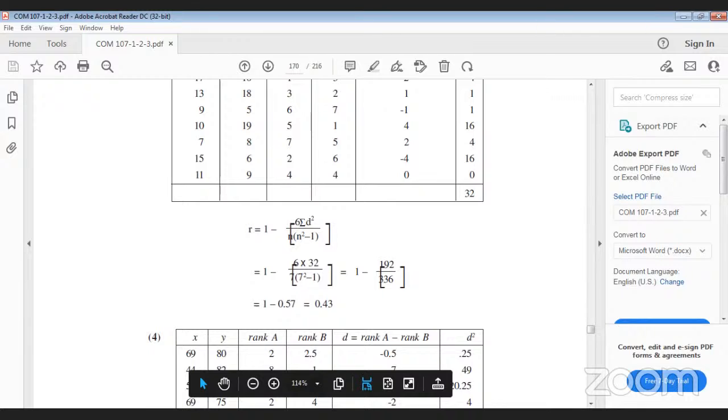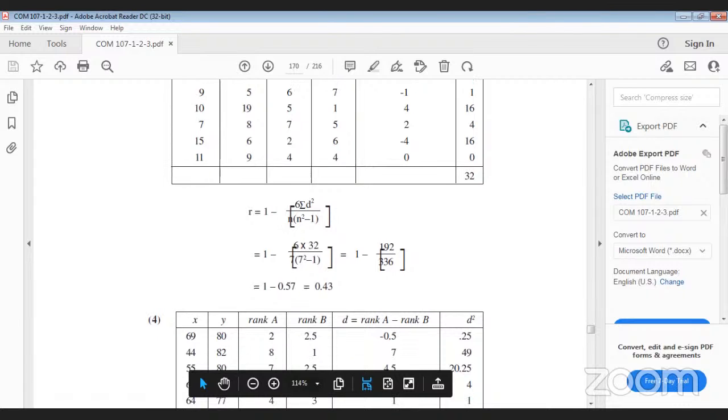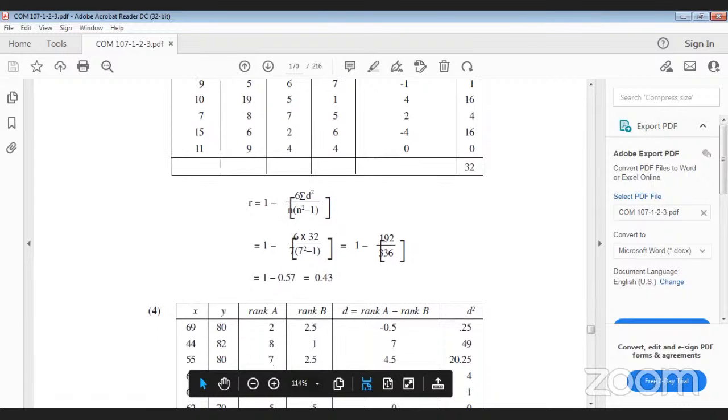And the multiplication of 6 into 42 should be 252 upon 336. So the answer should be 1 minus 0.75, which is 0.25, whereas your book gives 0.43. This is a wrong answer. The answer must be 0.25. This is the correct answer.